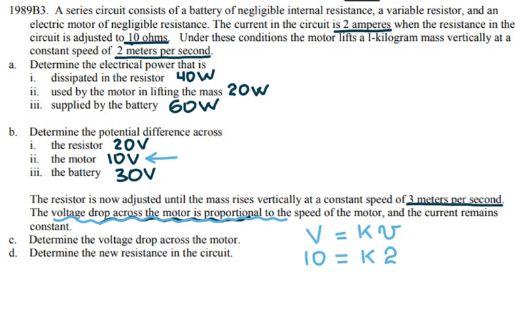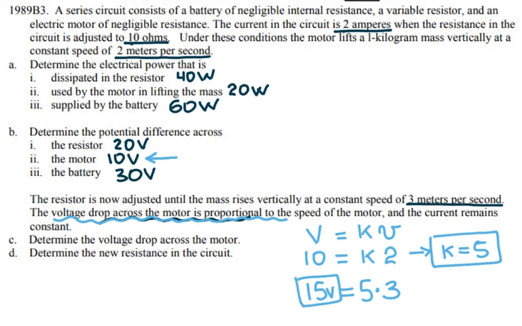So from here I can find that K is equal to 5. That is the coefficient of proportionality between the voltage and the velocity. Now when I have a velocity of 3 meters per second, the coefficient is the same because it's still the same motor, so it is 5. So I know that the voltage drop on the motor now is 15 volts.